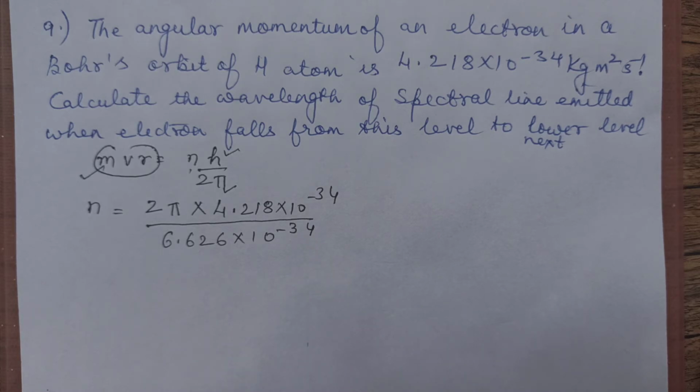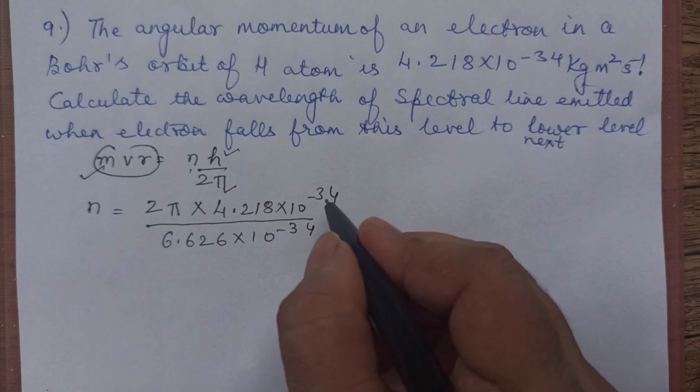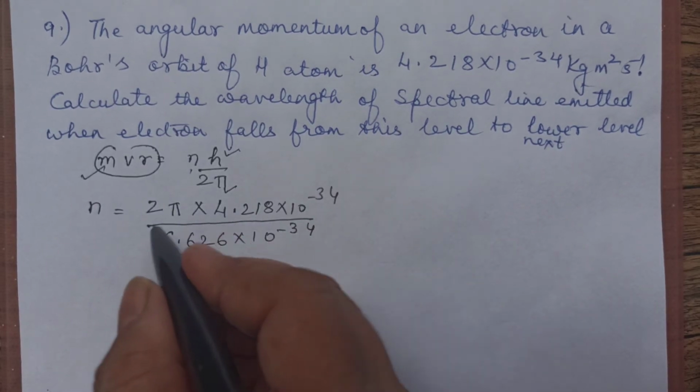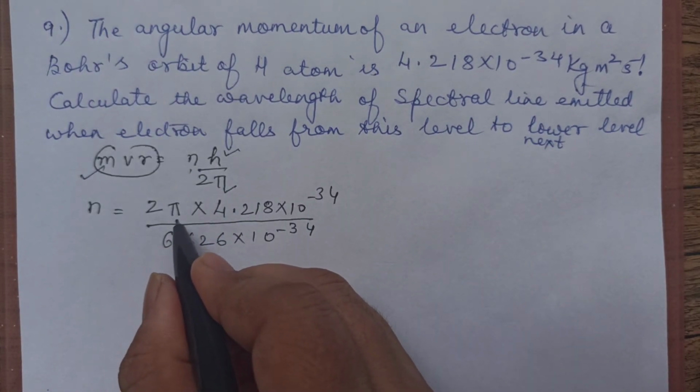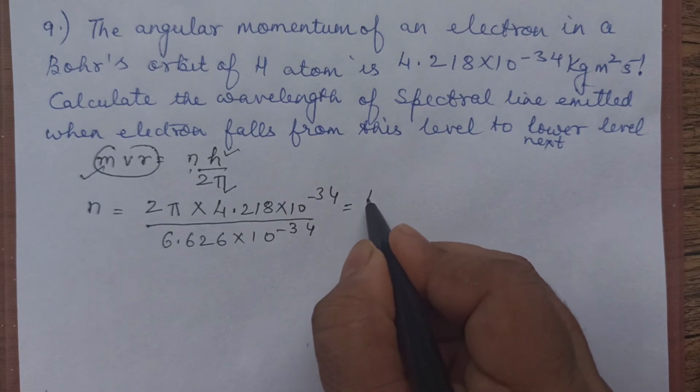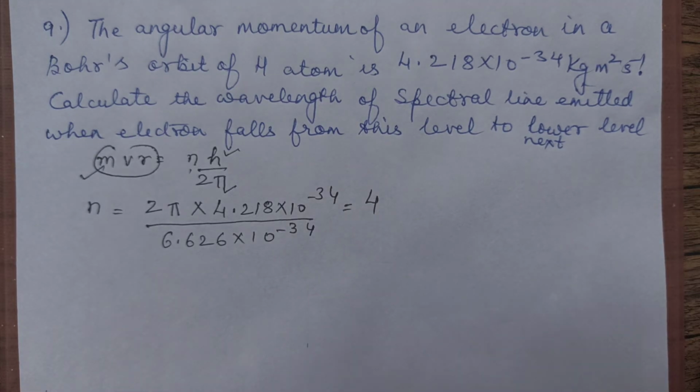You may find it is very lengthy, but it is coming out to be very simple. These are getting cancelled, and the other thing, 3.14, you can put here, and if you solve, you get N is equal to 4. That is from 4th to 3rd.